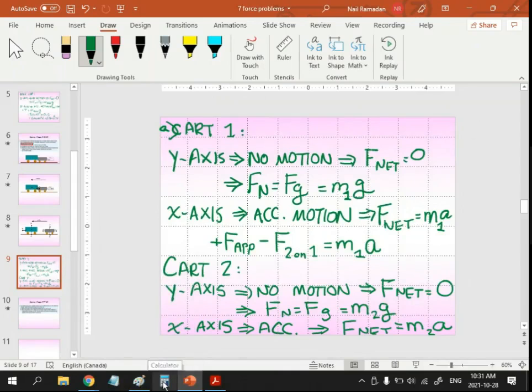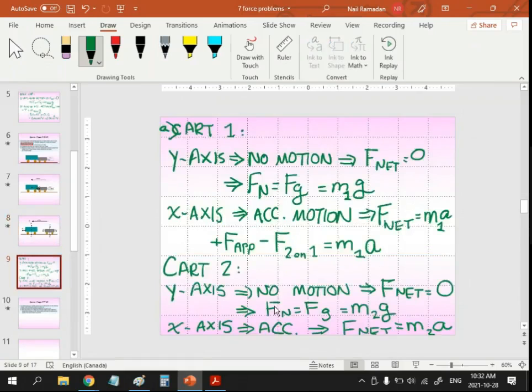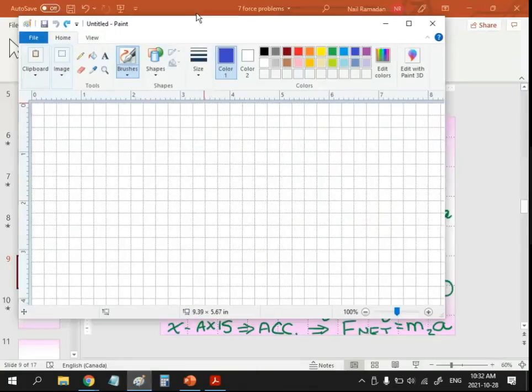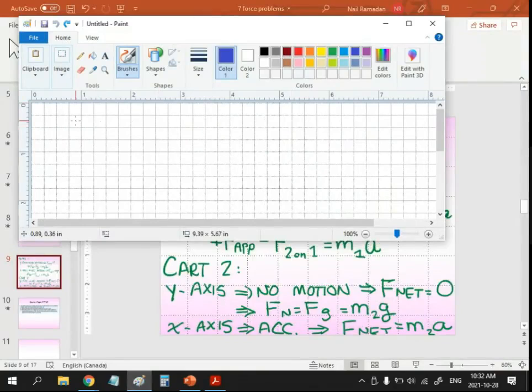Is that force pointing negative or positive? It's pointing what? So do you agree that it's like this? Is it 1 on 2 or 2 on 1?